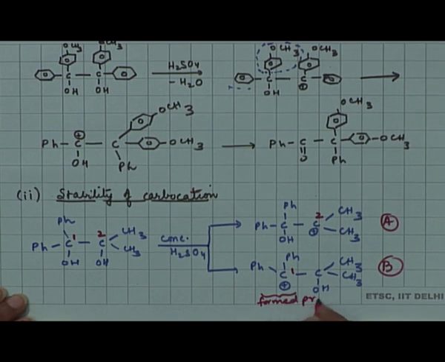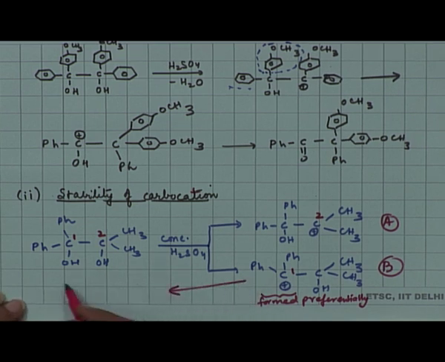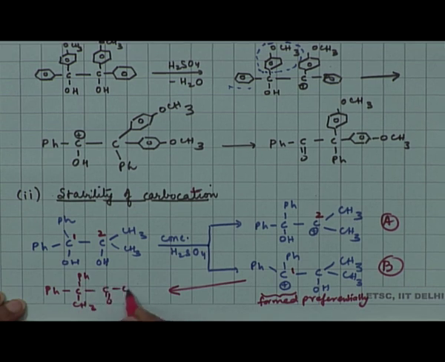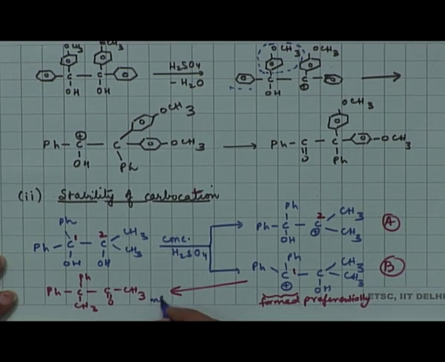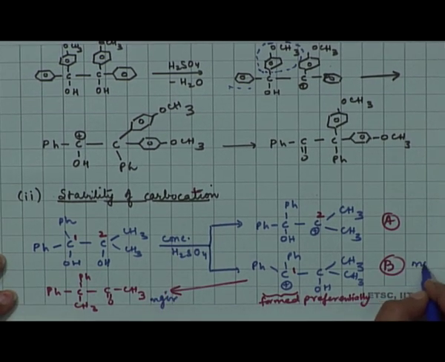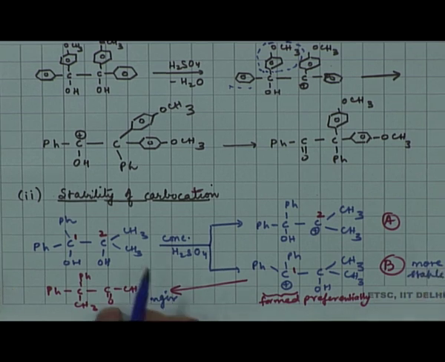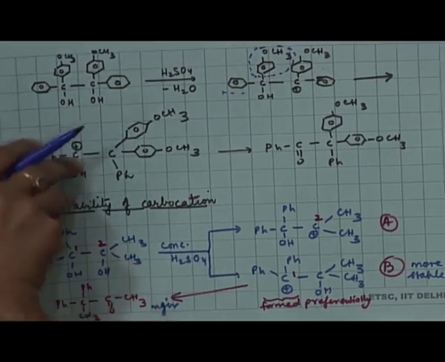So, the pinacol-pinacolone rearrangement of this is going to yield the major product from B as the intermediate, which will then involve migration of the methyl group and formation of this pinacolone. So, this is formed as the major product because B is the more stable carbocation, and therefore, this will be formed in preference to the other.